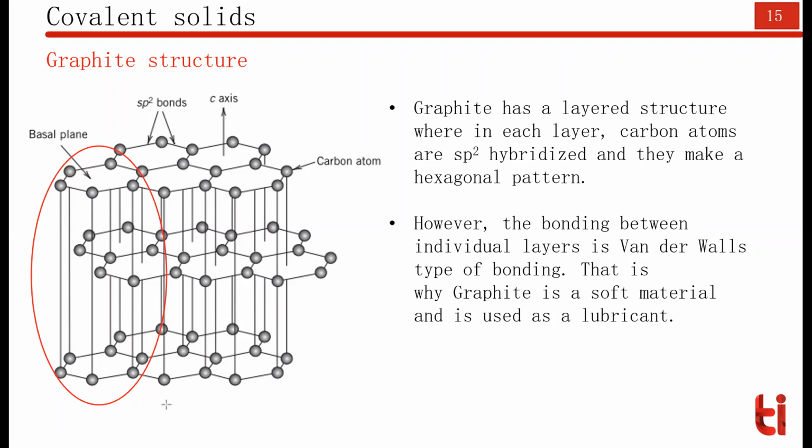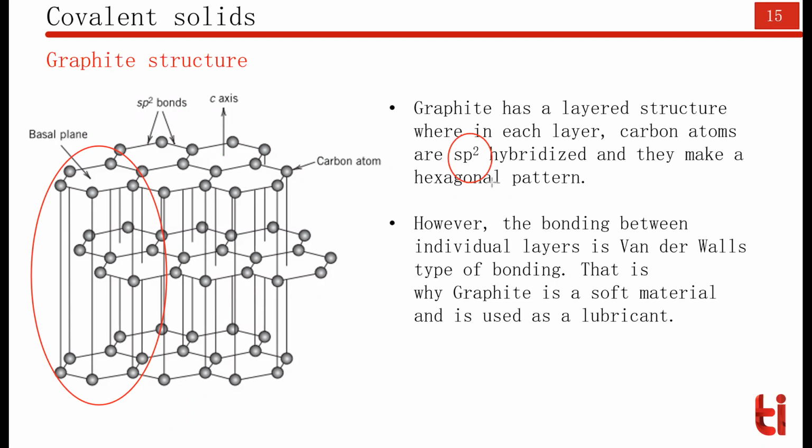The other primary difference between the carbon making the diamond cubic structure and the carbon making the graphite structure is that in the graphitic structure, carbon is in the sp2 hybridized state. That means one s orbital is bonded with two p orbitals in the neighboring atom.